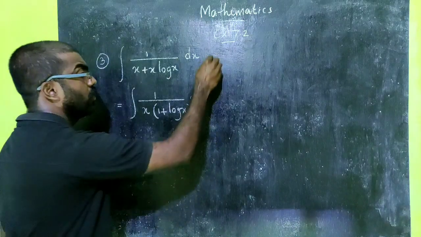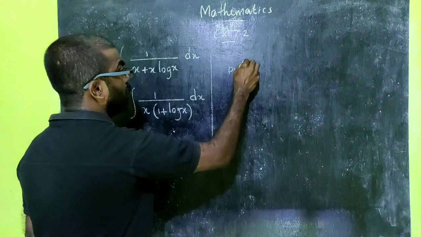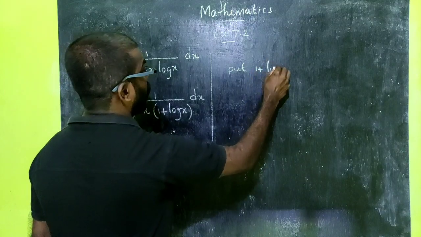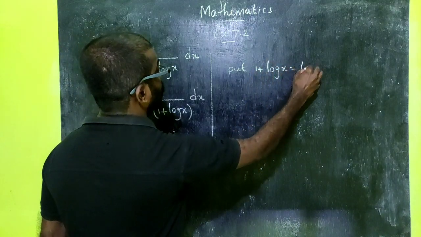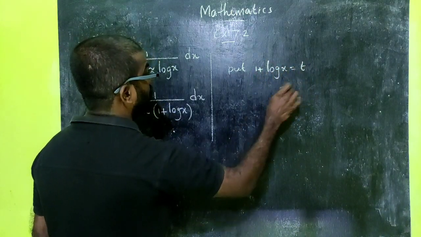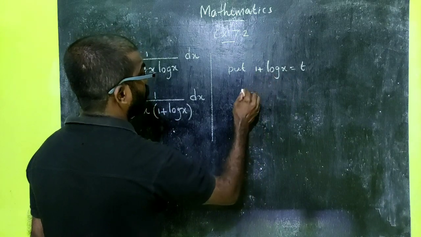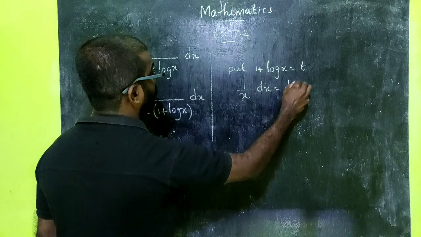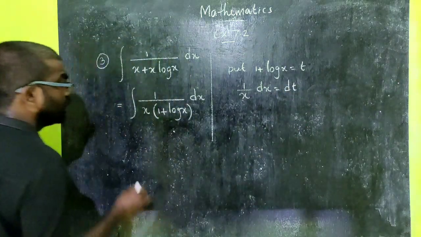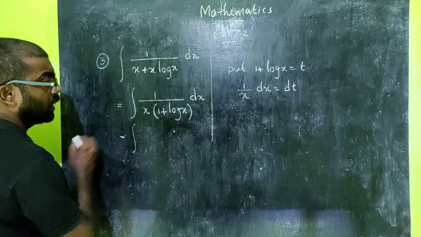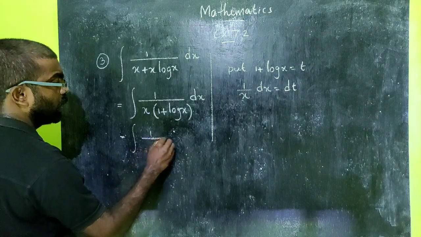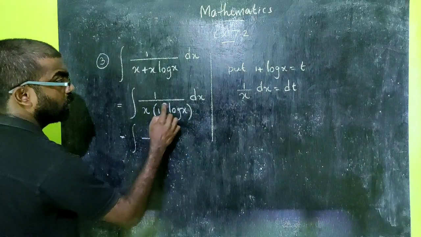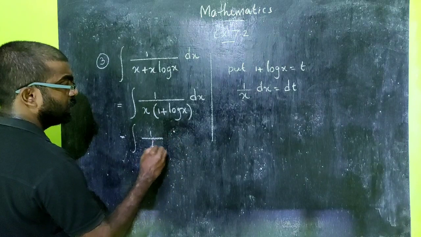So we can put 1 plus log x is equal to t. Then take the derivative: 1 is 0, log x derivative is 1 by x into dx is equal to dt. So here we can write integral 1 by 1 plus log x. 1 plus log x is t.